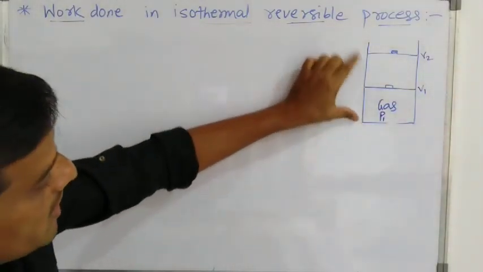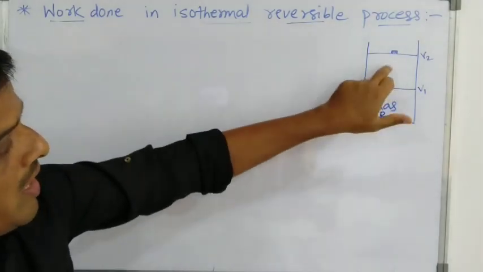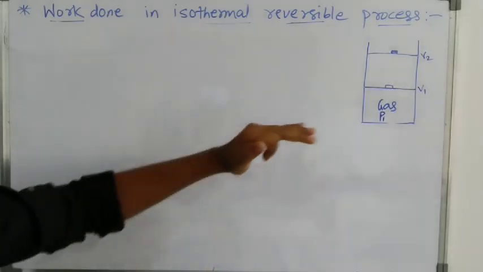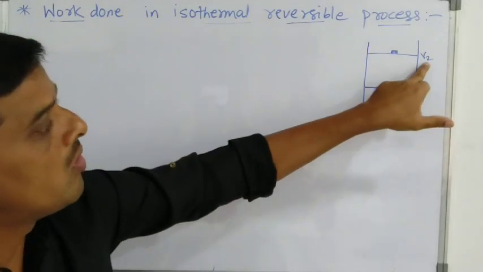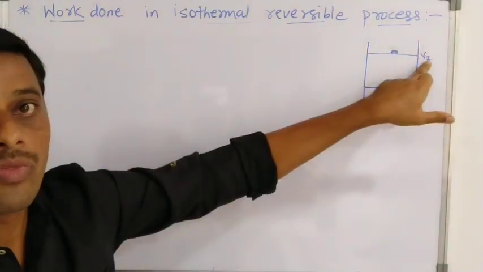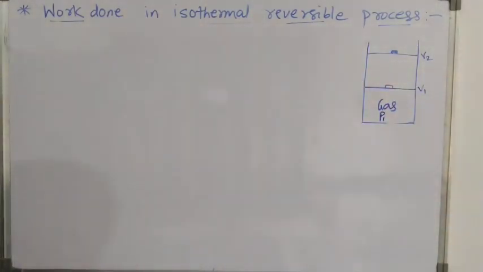It is not suddenly expanded, since the difference between internal pressure and external pressure is very small. That is why stepwise the gas expands to the volume of V2. V2 is the final volume of the gas and V1 is the initial volume of the gas.